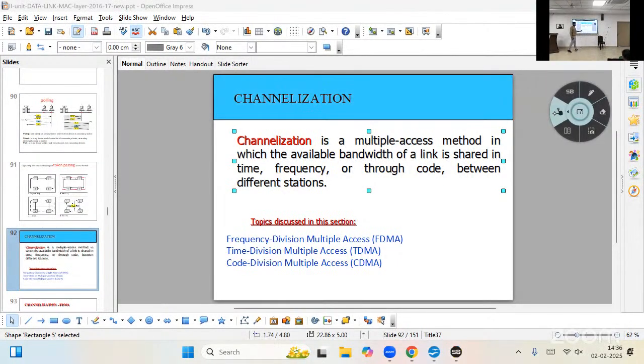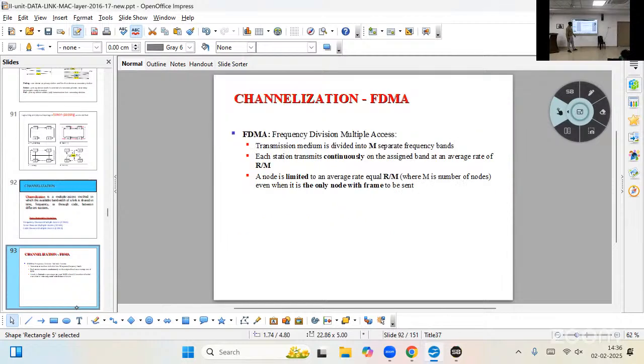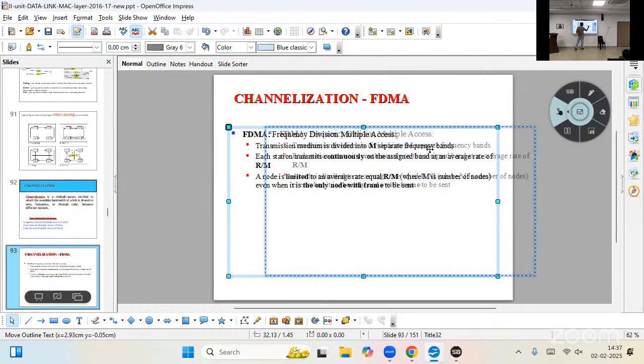Amma, did you note down? TDMA, FDMA, CDMA. So here FDMA. What is FDMA? Frequency division multiple access. In this, they allocate the frequency.